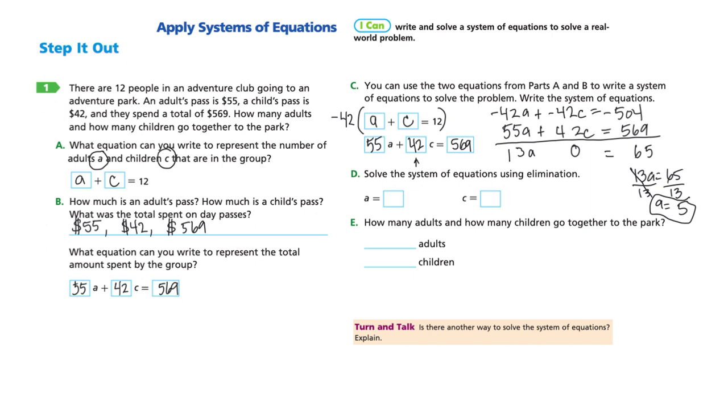Sorry, a little bit off there. So a equals 5. And then now I can go back and use my original equation, and put my a as 5, and so my c has to be 7. So that tells me that there are 5 adults and 7 children.